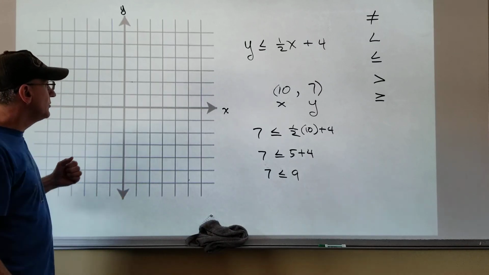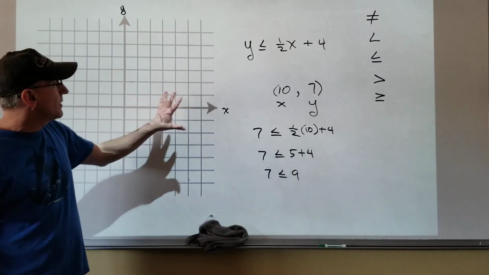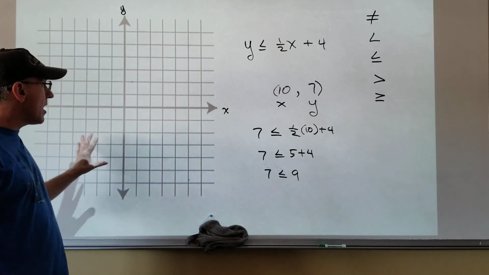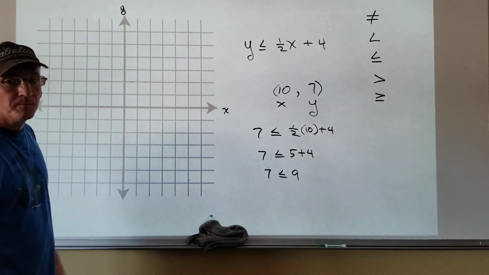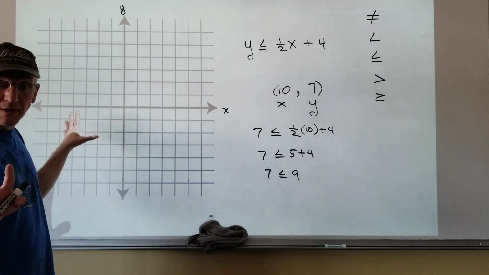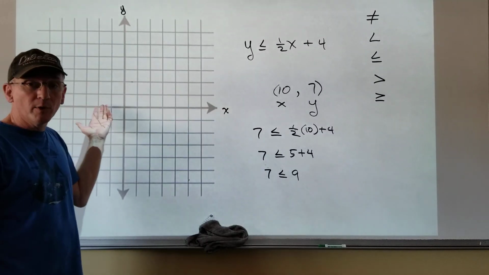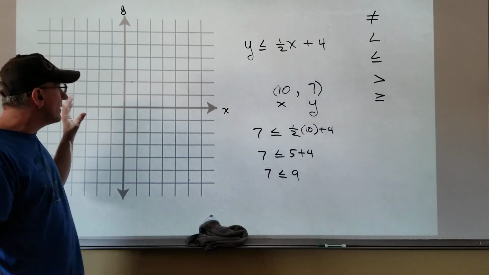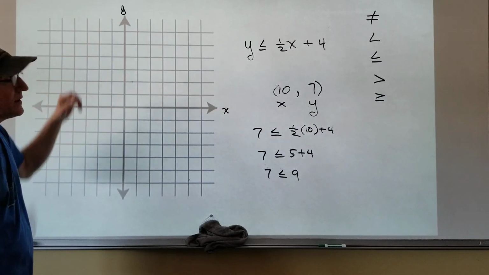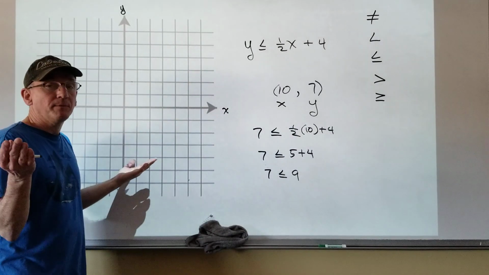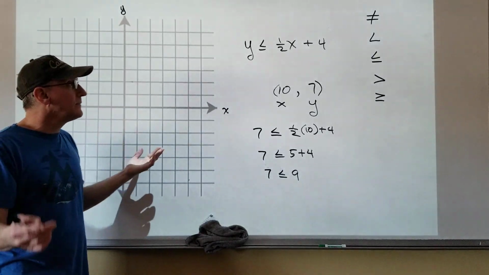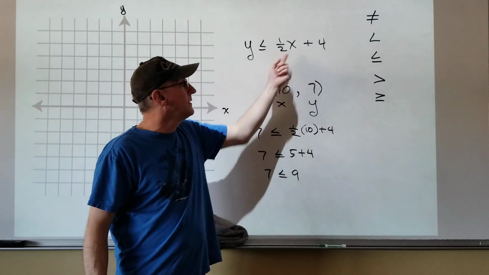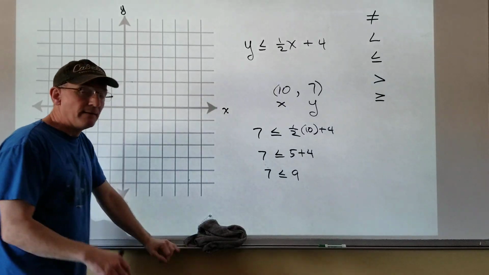All the solutions end up sort of being found or congregating in one area. All the non-solutions, things that don't work, are found somewhere else. And in between the area of solutions and non-solutions is a border or a boundary. And in the case of linear inequalities, that boundary is a line.